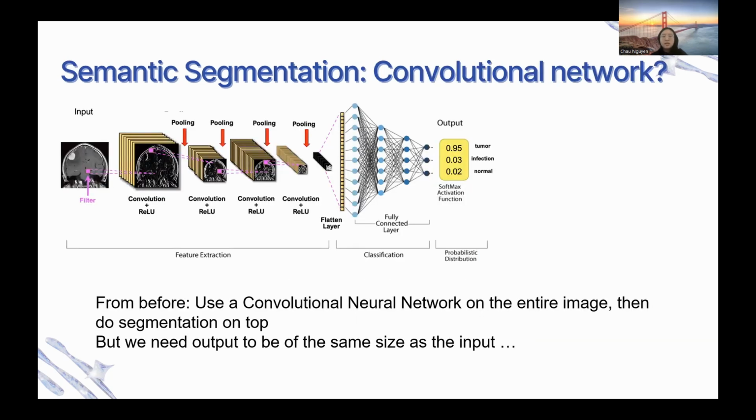Okay, so the sliding window approach used to be popular in the 2010s, but then we moved on to better techniques. So what if we use a convolutional neural network on this, right? This is an image from before where we have the CNN on the entire image, and then we do segmentation on top.